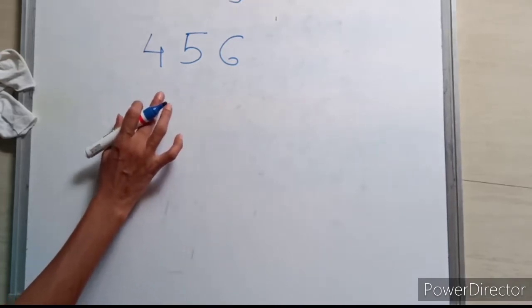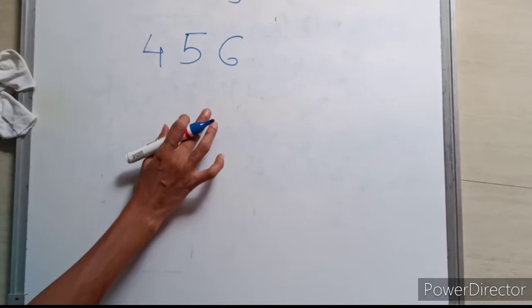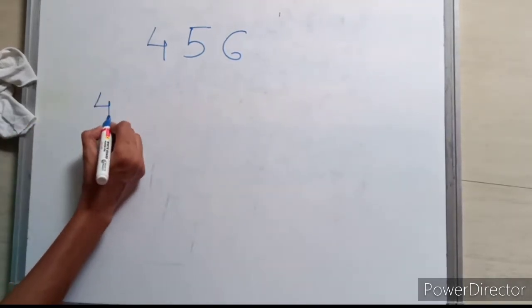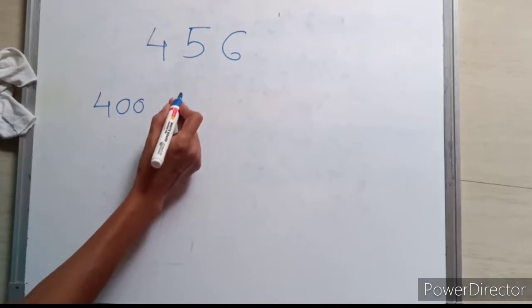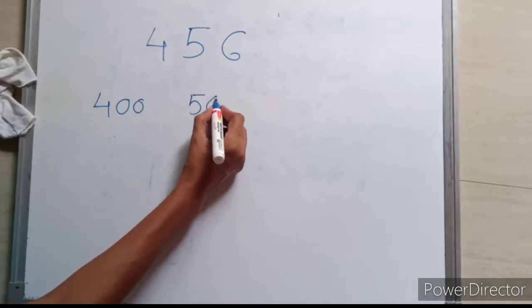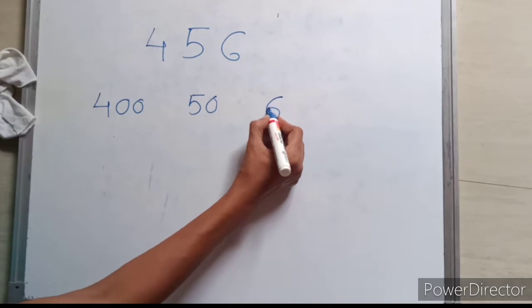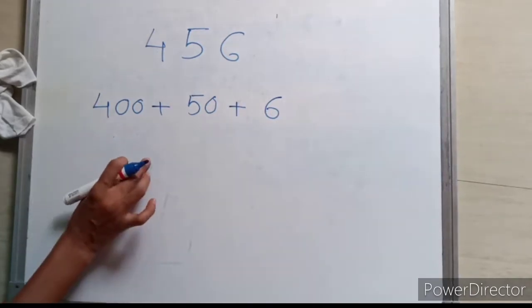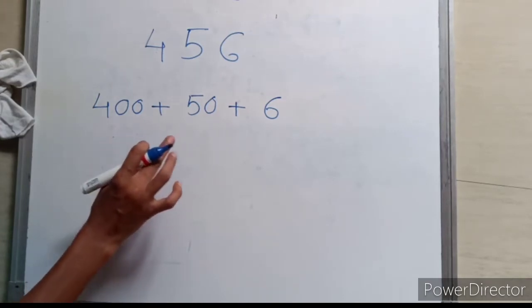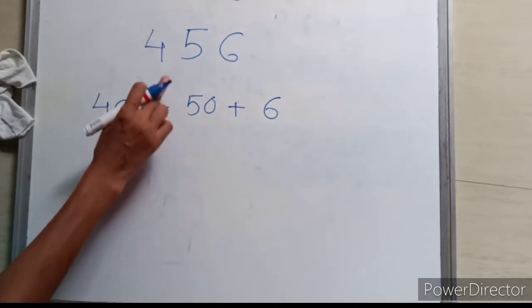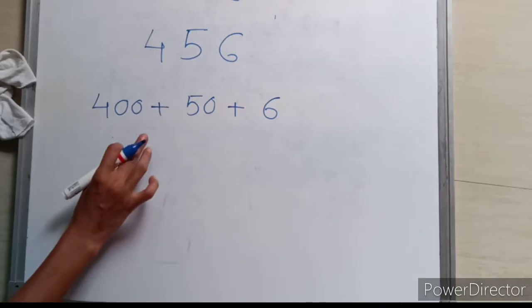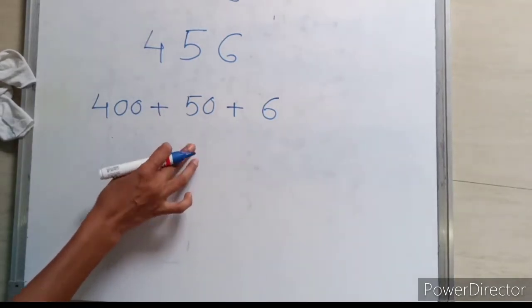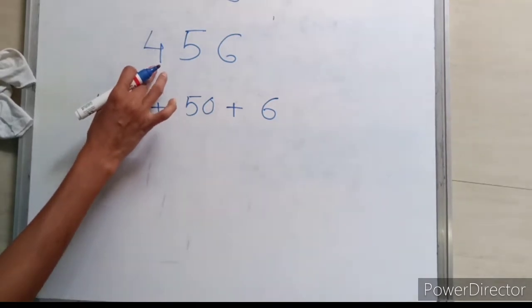If I write the place value of each digit, then 4's place value is 400, 5's place value is 50, and 6's place value is 6. Here is the addition sign. So this is in expanded form, and this number is in standard form.